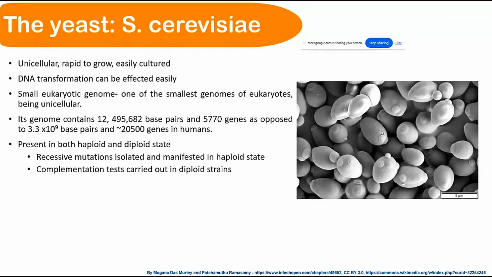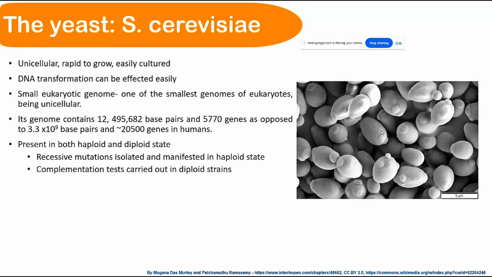A significant distinguishing feature of Saccharomyces cerevisiae is that it can be present in both haploid as well as diploid state. If you look at the reproductive cycle of Saccharomyces cerevisiae, you will see that it can be in haploid state as well as in diploid state. And being in haploid state, it can be specifically helpful in studies of recessive mutations.